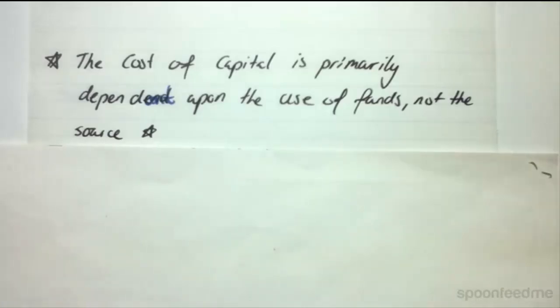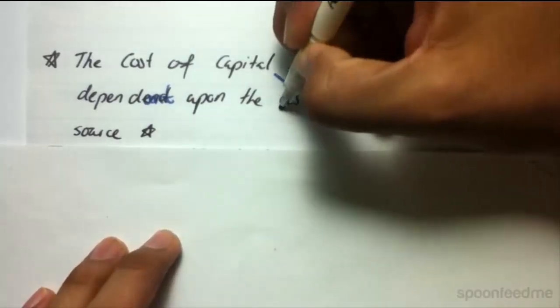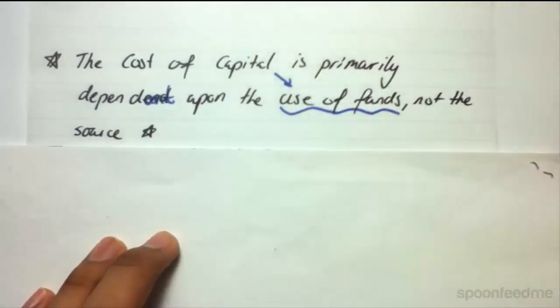Okay, not the source. So what do I mean by that? Well, once I have my capital, the cost of that capital is not going to depend upon who gave me the money, who gave me the capital. No, the cost of capital is going to be dependent upon how I use that capital.